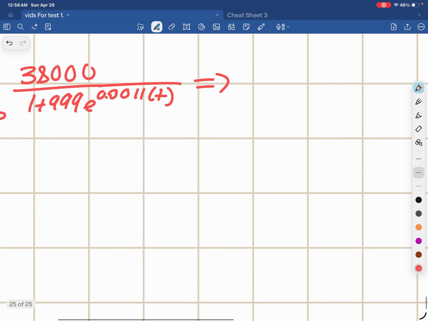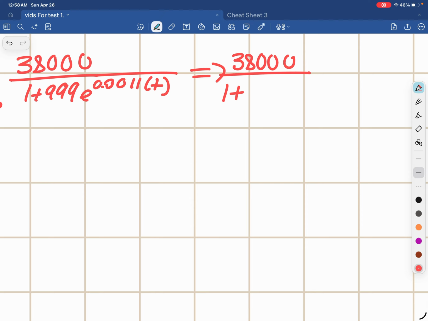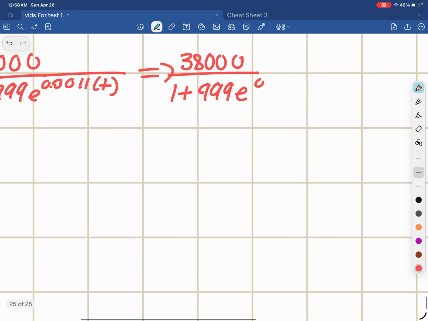So we'll do 38,000 over 1 plus 999e raised to 0.0011 times infinity.